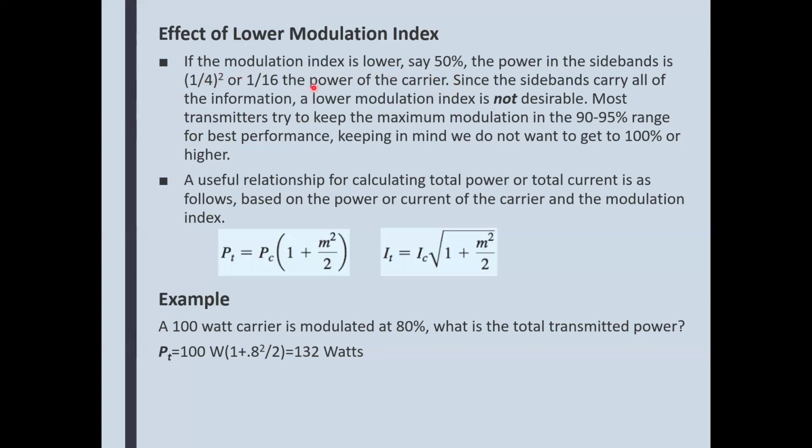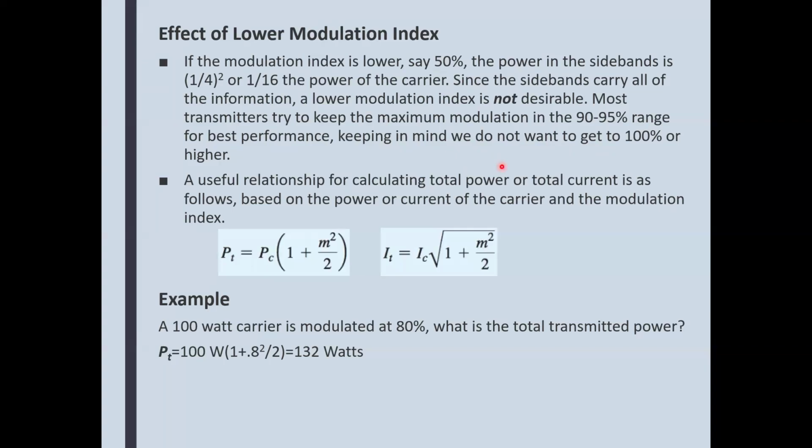Since the sidebands carry all the information, a lower modulation index is not desirable. Most transmitters try to keep the maximum modulation in the 90 to 95% range for best performance, keeping in mind that we do not want to get to 100% or higher.